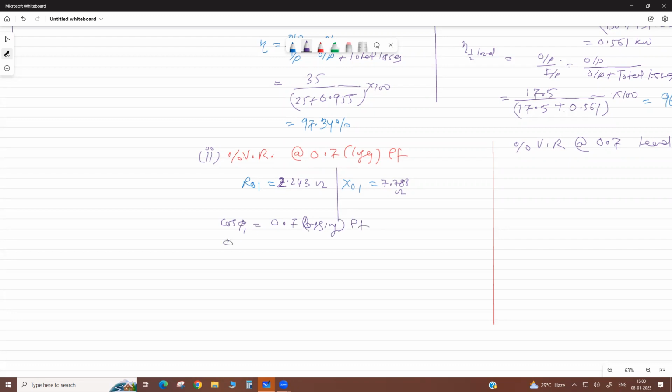So now we calculate phi 1 as cos inverse of 0.7, which is 45.57 degrees, then sin phi 1 is 0.714.